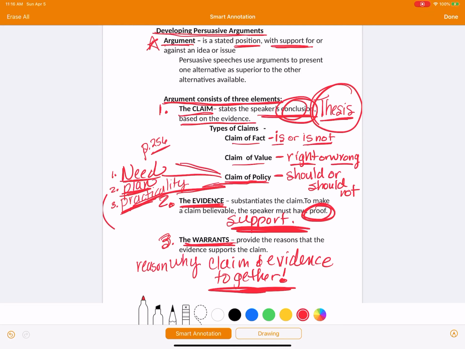All right, so for example, if I was trying to continue to promote a particular policy that's in place now, which is the seatbelt law in the state of Mississippi. So I make a conclusion, which is my claim that the United States federal government should continue to enforce the seatbelt law while driving in all 50 states.